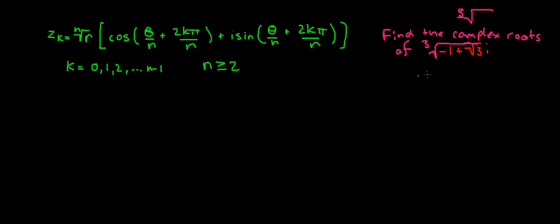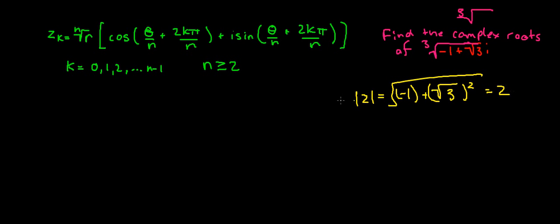Okay, so first thing I need to do is convert this to polar coordinates. So I'm going to find out what the radius is, or the modulus, whatever, same thing. This is equal to 2.